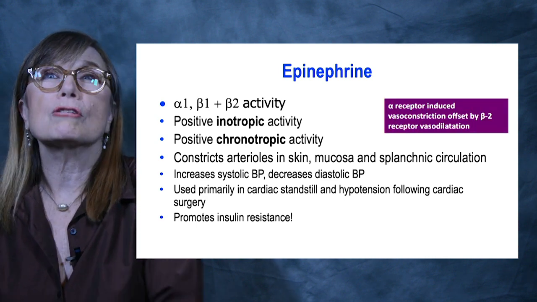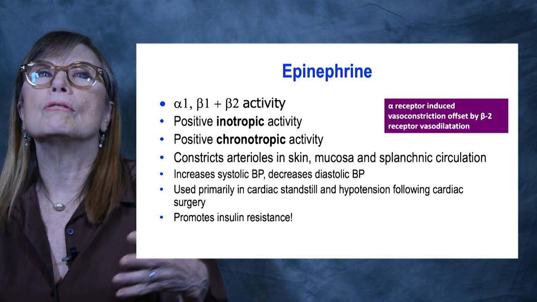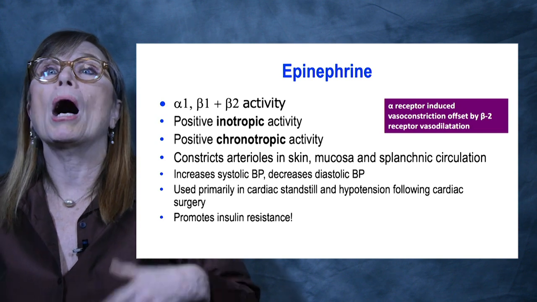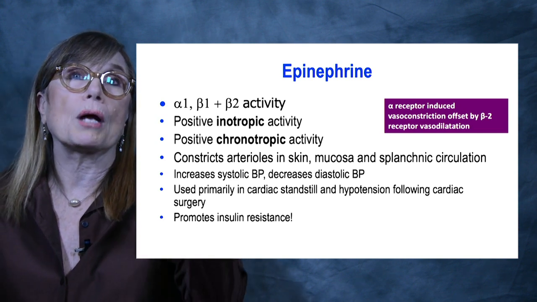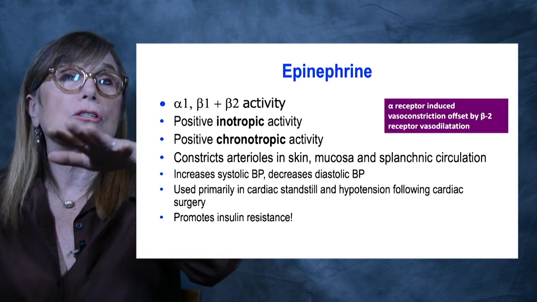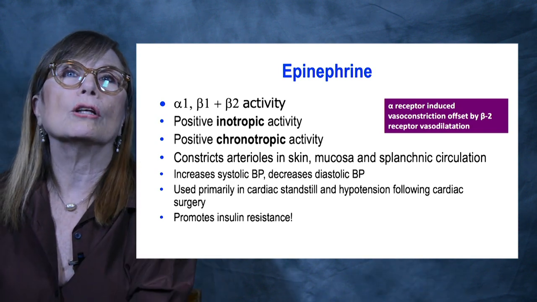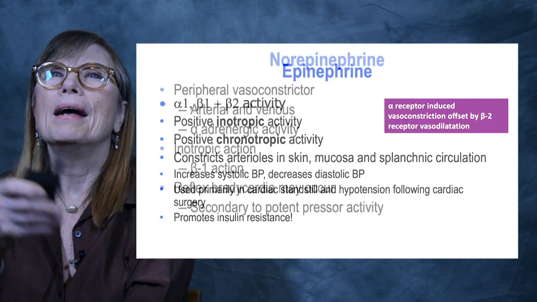Very important for us to remember, alpha receptor-induced vasoconstriction is oftentimes balanced by the beta-2 vasodilation. So you don't necessarily have profound vasoconstriction or vasodilation, particularly at lower levels, with beta-1 activity.